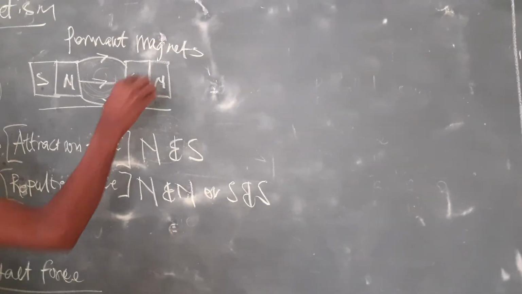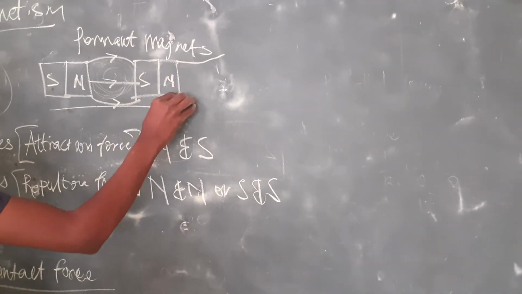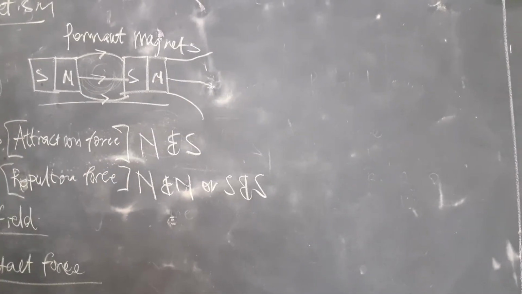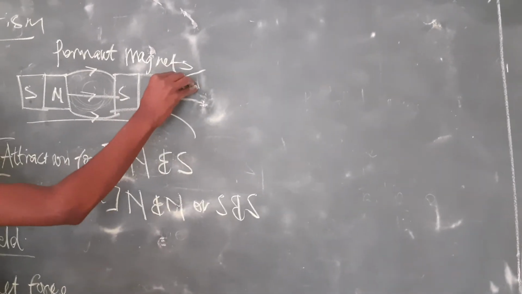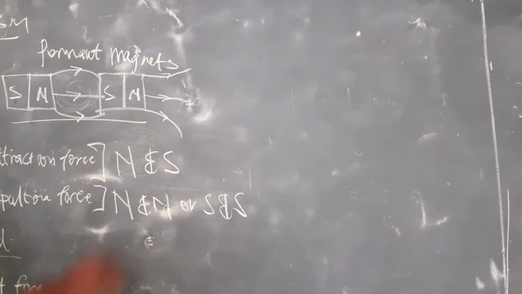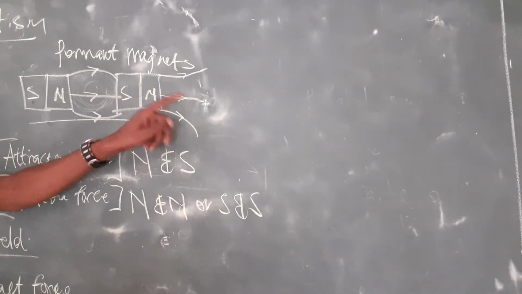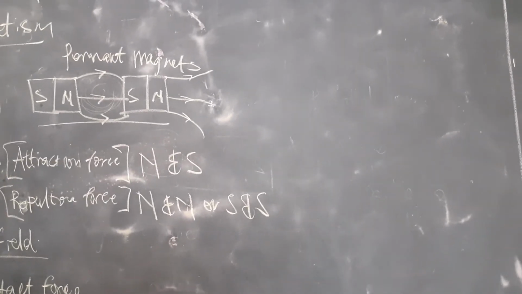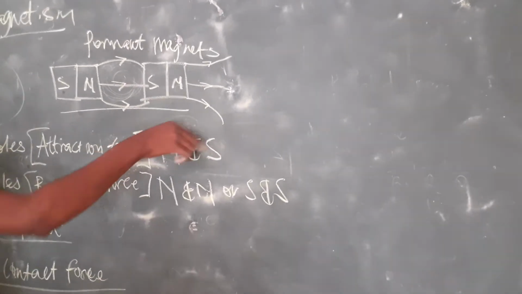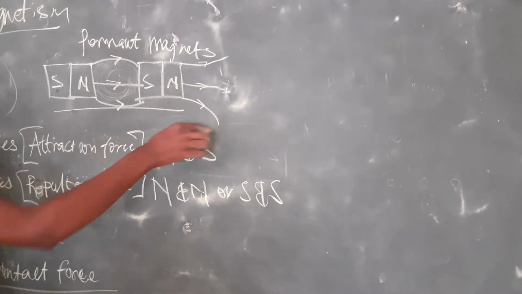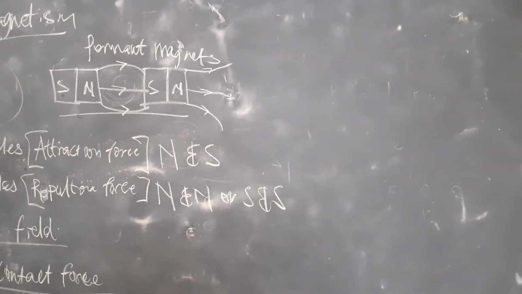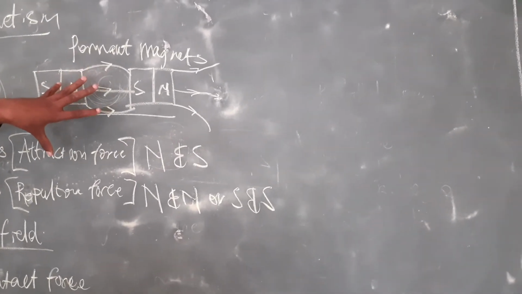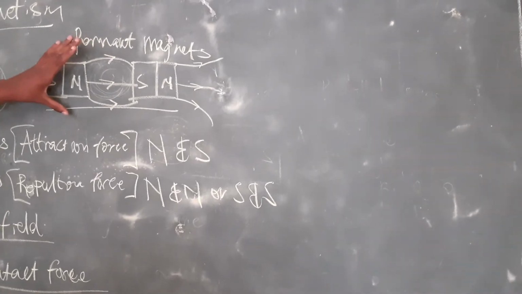Even if it's still alone like this one, if I were to draw magnetic field lines, it will still be in this fashion. These arrows indicate the direction of the magnetic field lines. And then I'm going to south, where it can connect with the south. So this is how permanent magnets operate.